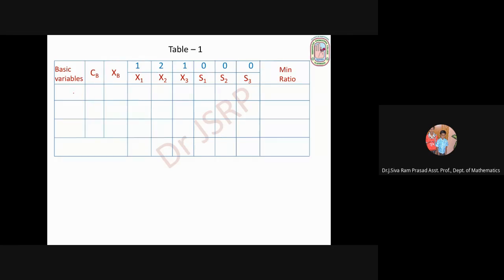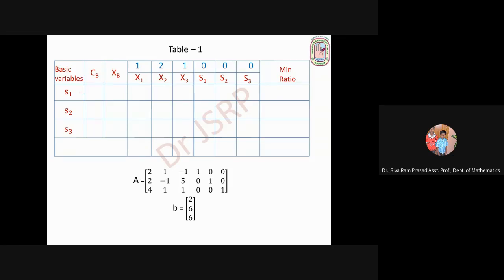Right. So here we write basic variables. What are basic variables? We have chosen S1, S2, S3 as basic variables. So first basic variable is S1, second basic variable is S2, third basic variable is S3. You have to write in the unit matrix order.